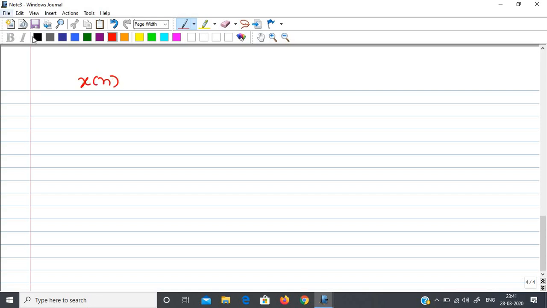x of n is a discrete time sequence, a very simple sequence: 1, 2, 3. This is a 3-point sequence, and the first sample corresponds to n equals 0. 2 corresponds to n equals 1, and 3 corresponds to n equals 2.